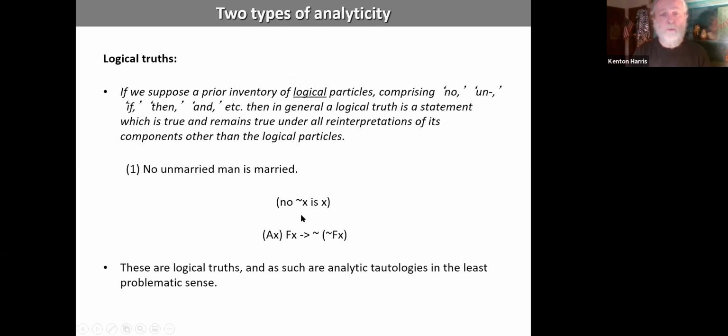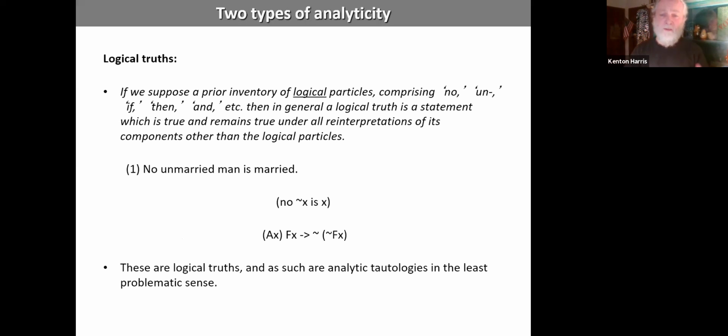We can reinterpret that as no non-X is X, right? No unmarried male is married, no non-X is X. Or, if you're into quantification logic, for all x, if Fx, then it is not the case that not Fx. These are logical truths, and as such are analytic tautologies in the least problematic sense.